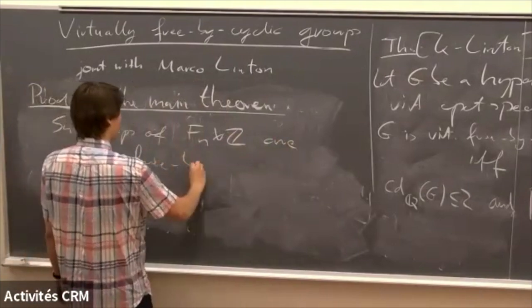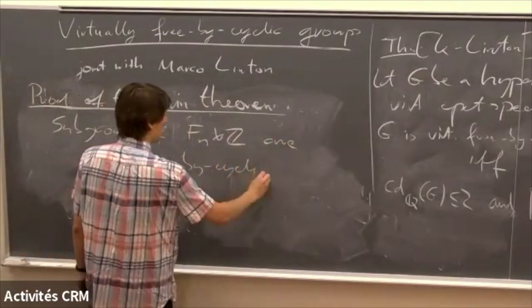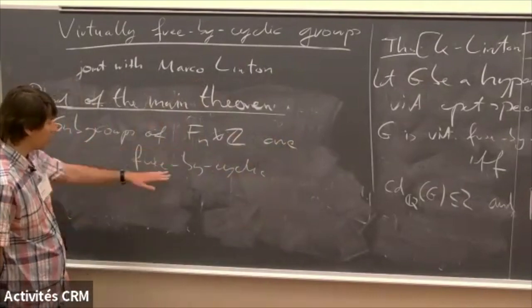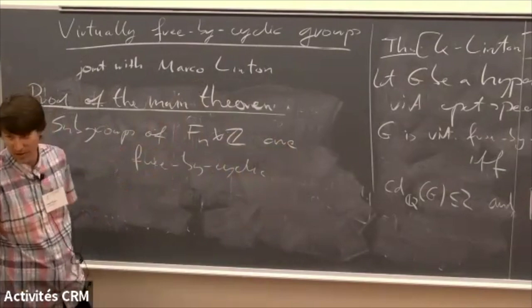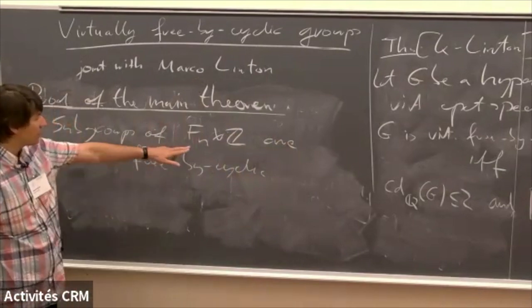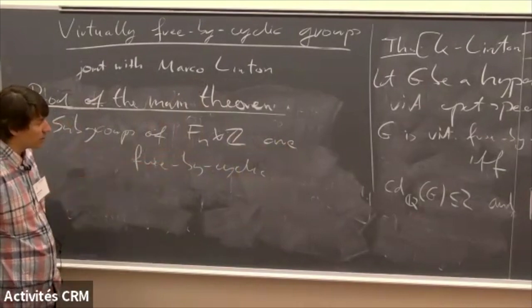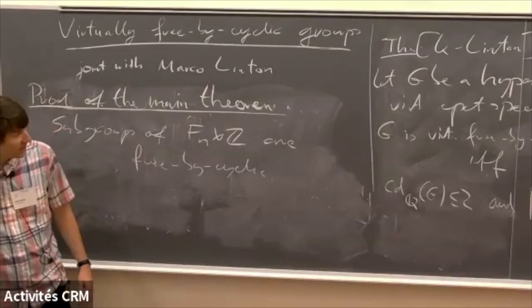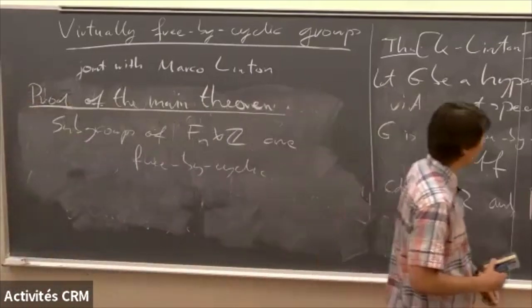But now I mean free-by-cyclic in the general sense. You can easily find a subgroup here which is free-by-cyclic, but the free group is no longer finitely generated. The Euler characteristic can drop. So subgroups of this guy are still nice, but they are no longer restricted by the Euler characteristic. Okay, so that's the observation. With this observation, you can finish the proof.